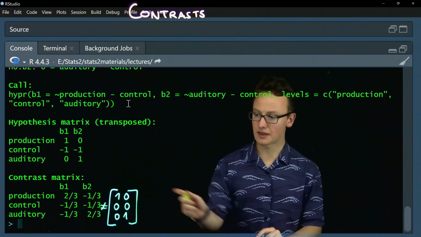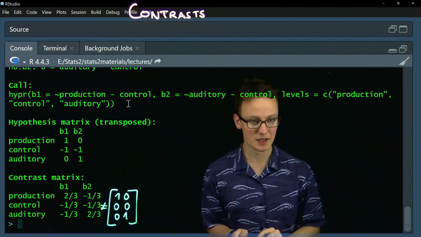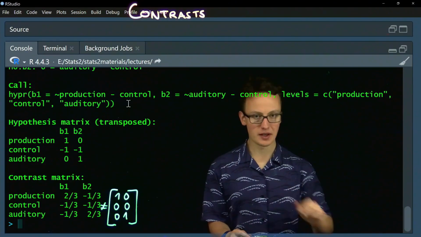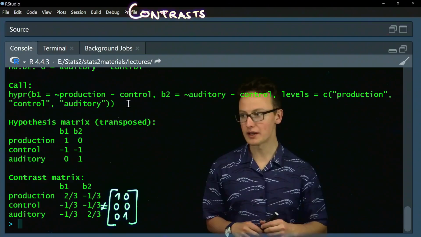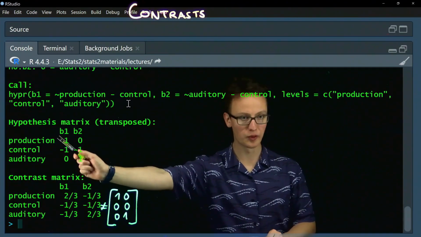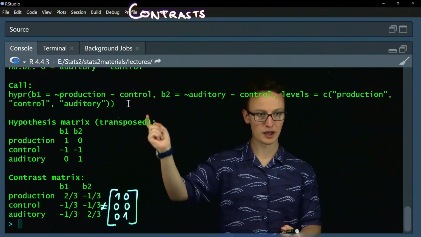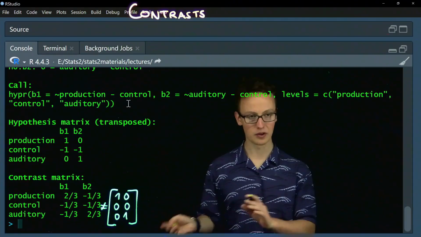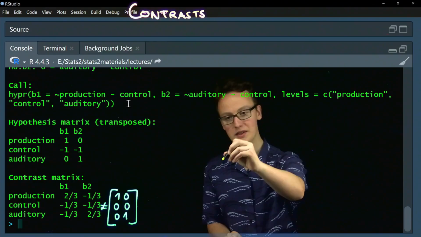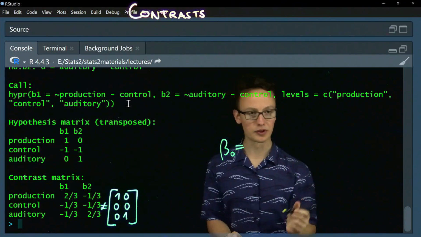So the reason that this doesn't look exactly like our usual treatment coding as we would expect it is that using this hypr package, recall that we are always leaving implicit the slope beta 0 for the intercept. And now if we leave it implicit in this way of generating the hypothesis matrix and then the contrast matrix, then this procedure here will always assume that beta 0, the intercept, is going to be equal to the grand mean.